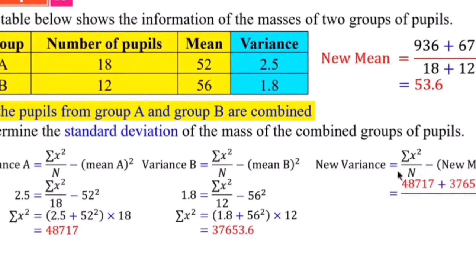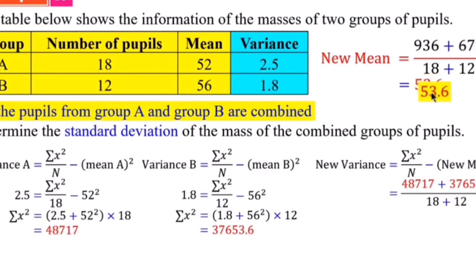So number of students 18 plus 12, okay, 30. After we combine, we have 30 students. Then minus the new mean 53.6, okay, square. So we will get variance 6.06.